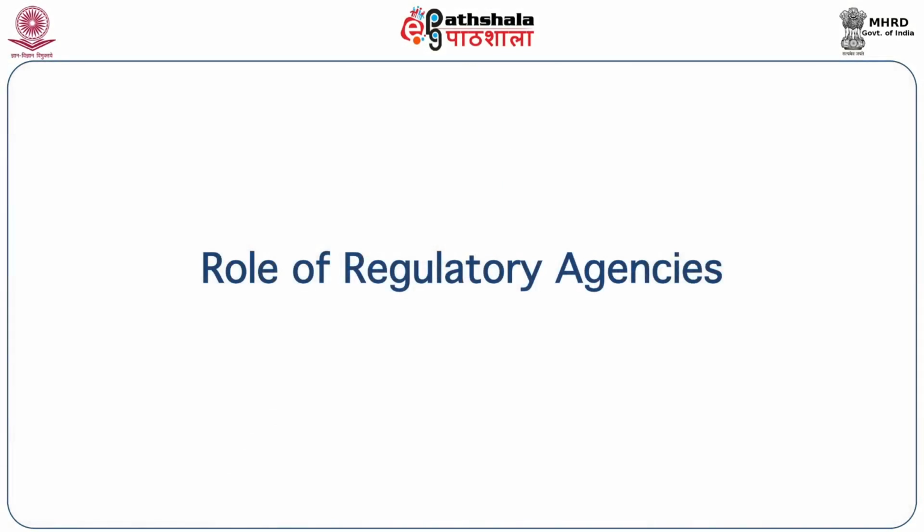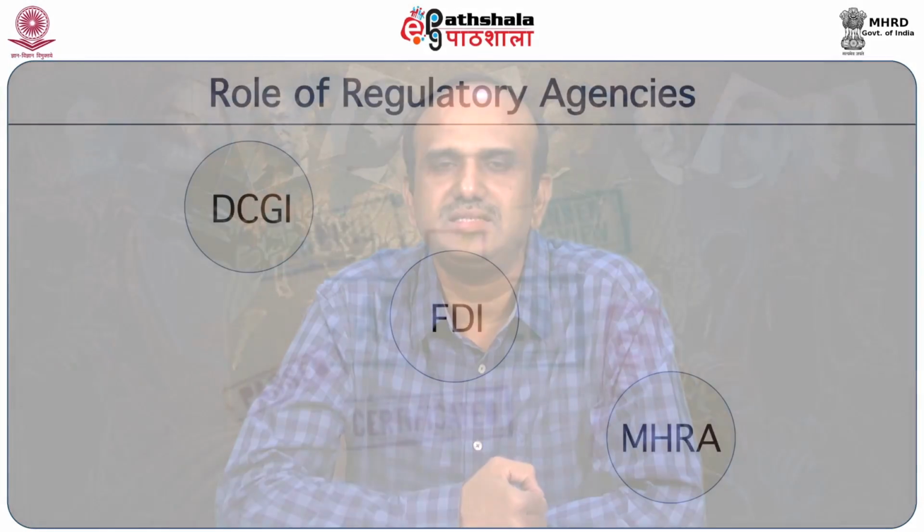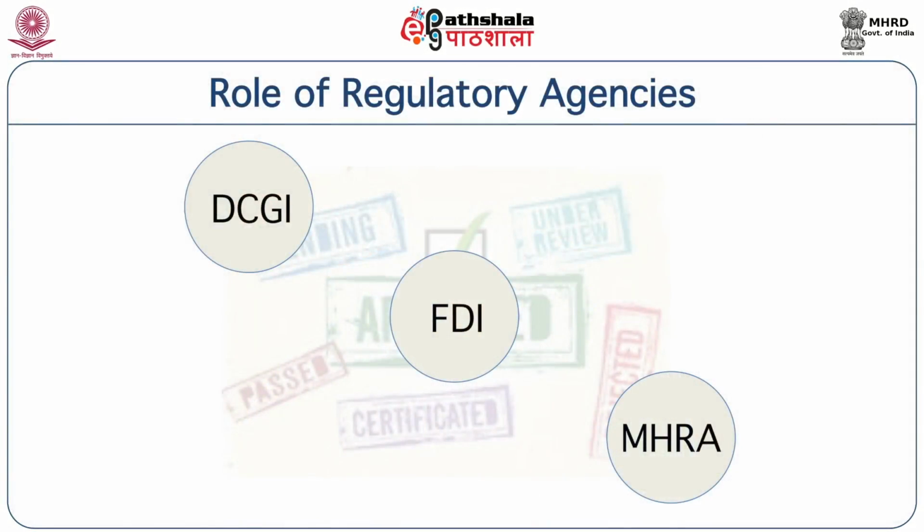So when you look at these different actors, there is an important role for the regulatory agency. In India, one of the largest regulatory agencies is the government's DCGI, the Drug Controller General of India, an important regulatory authority.